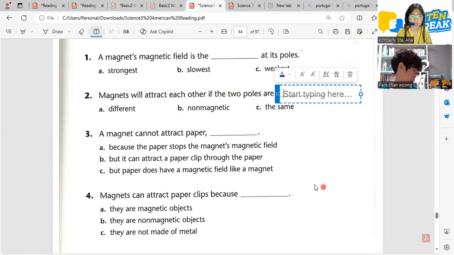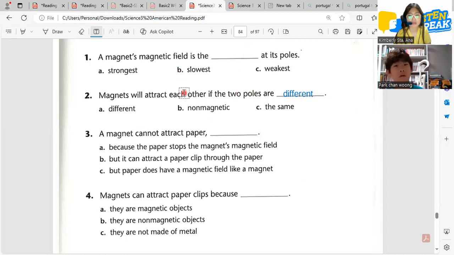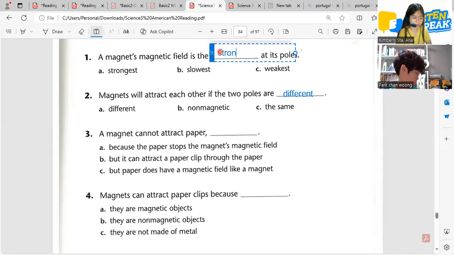But we're not done with number one yet. The magnet's magnetic field is the strongest at its poles. Very good, that's correct. How about number three?